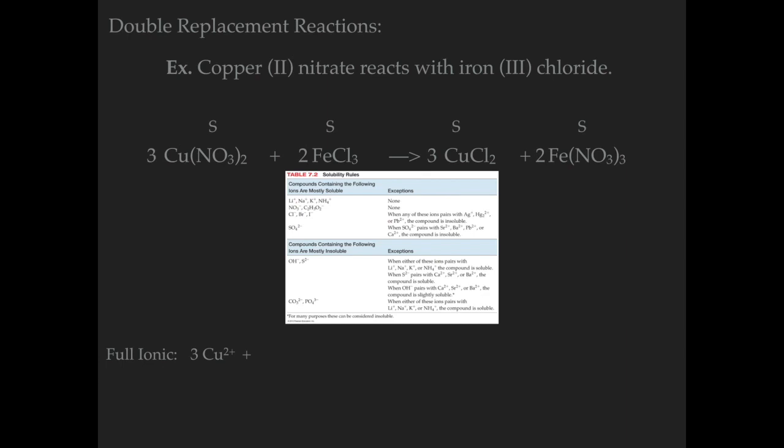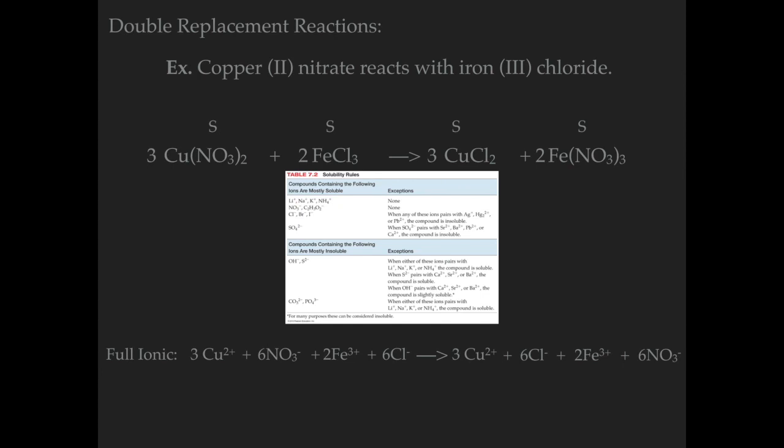So I've got 6 NO3 minuses. Iron chloride is going to break apart as well, so I'm going to have 2 iron 3+ ions and 6 chloride ions. That's going to produce, well, copper chloride is soluble as well, so 3 copper ions and 6 chloride ions. And then the iron nitrate is soluble as well, so I'm going to have 2 iron ions and 6 nitrate ions. That's my full ionic.